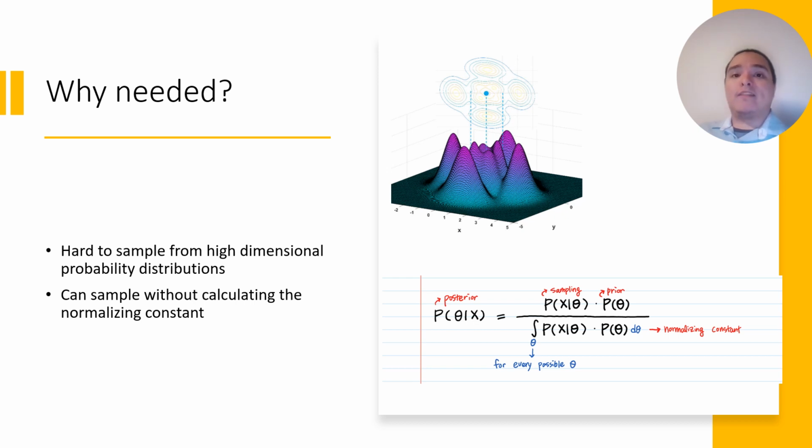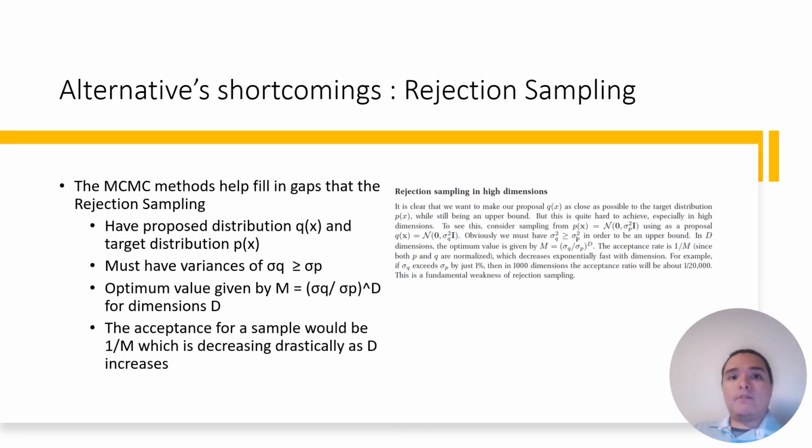One of the reasons it becomes harder to do is because we're going to be having to calculate a normalizing constant for these distributions. But the MCMC allows us to get actual posterior distributions without the need of calculating the normalizing constant. So that's how the MCMC helps us sample easier.